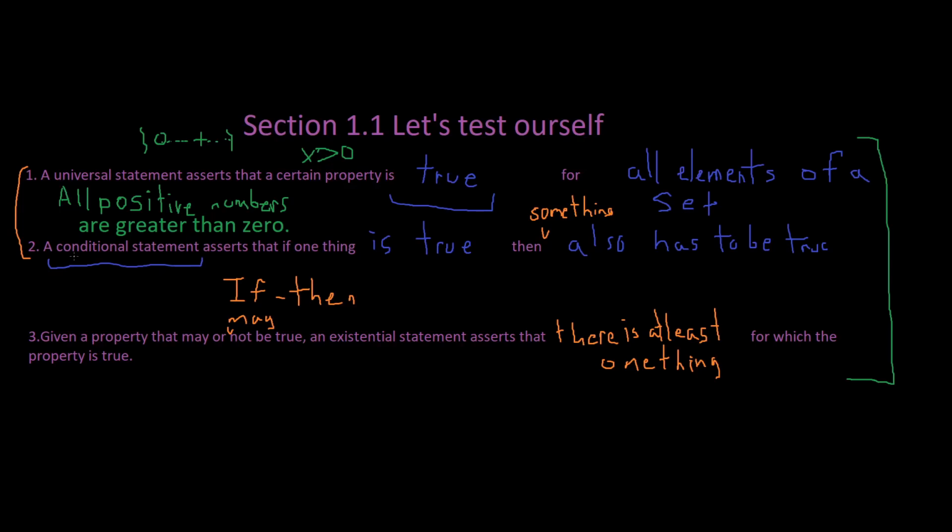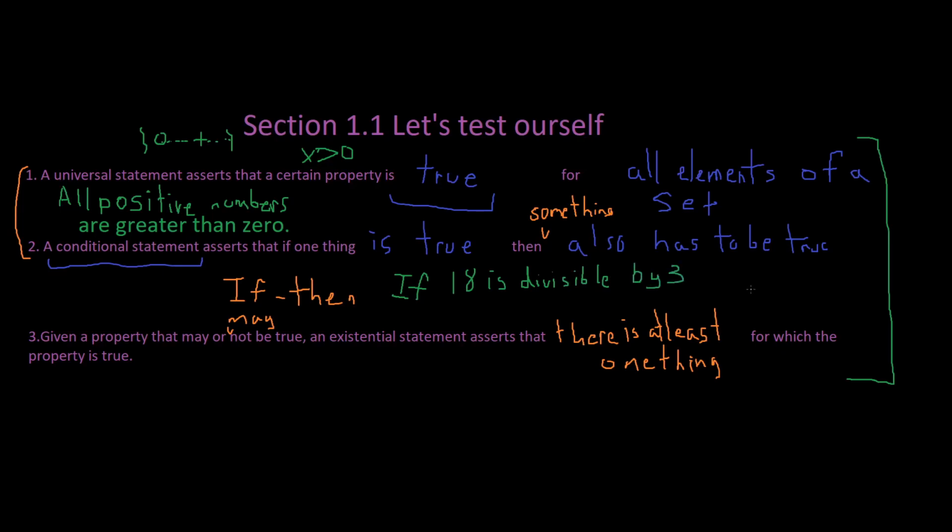So let's look at our next definition. It says a conditional statement asserts that if one thing is true, then something else also has to be true. And so let's think about that. Let's give this an example. So we have, if 18 is divisible by, let's say, 3.